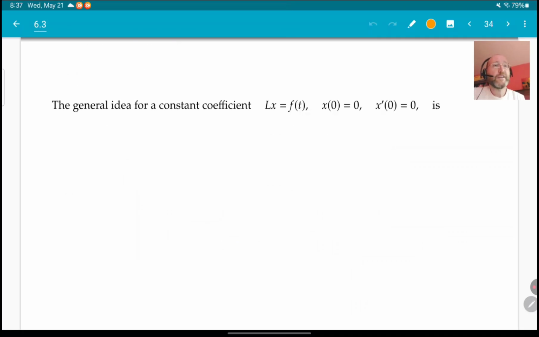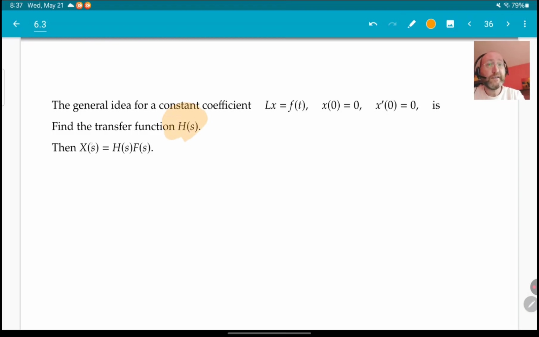All right, so the general idea is if I have a constant coefficient equation, some operator L of x, so a linear constant coefficient differential equation with an arbitrary right-hand side and with zero initial conditions. You find the transfer function h. Then capital X is H times the Laplace transform of f.